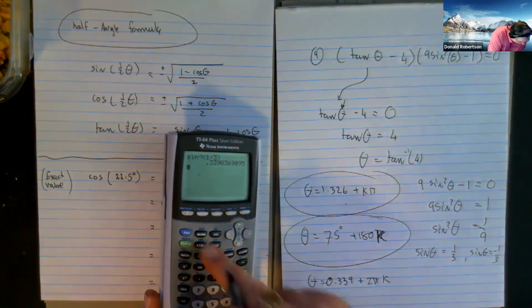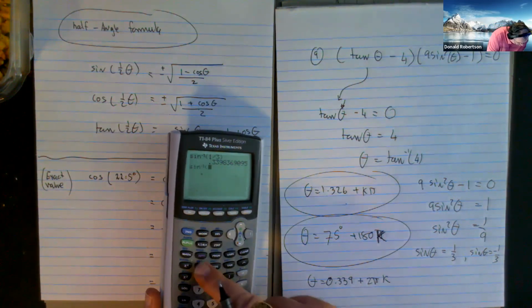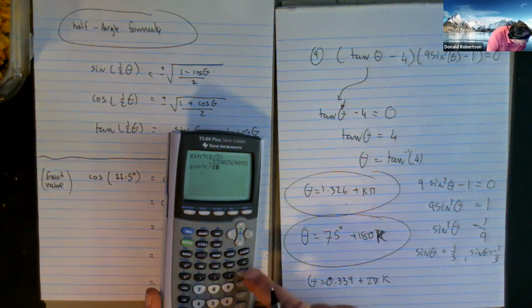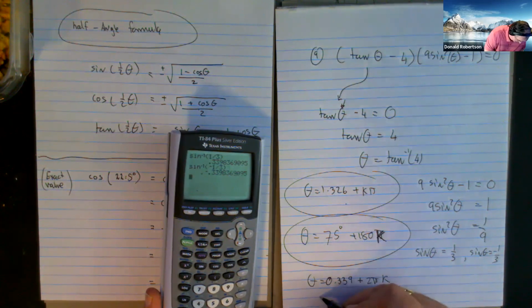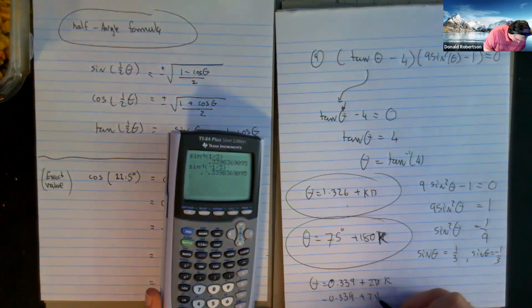Yes. Now, if you do an inverse sine of -1/3, you'll get -0.339 plus 2 pi k.